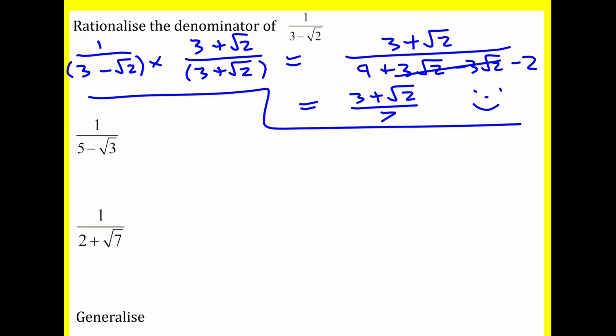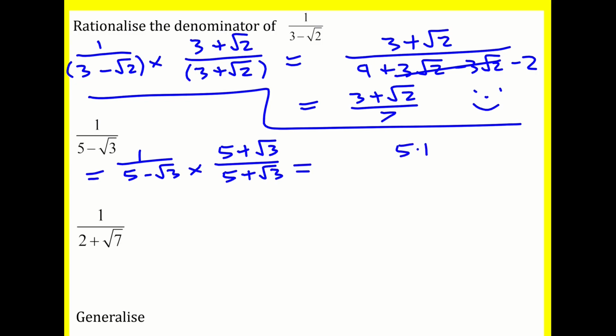Okay, try this next one. It's going to be the same process. So 1 over 5 minus root 3, and then I'm going to multiply top and bottom by the same thing. It's going to be 5 plus root 3. Which is going to leave me 5 plus root 3 on top.